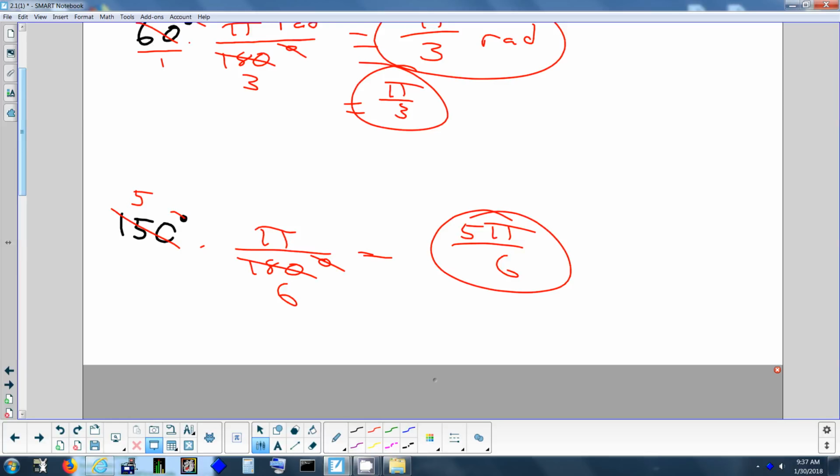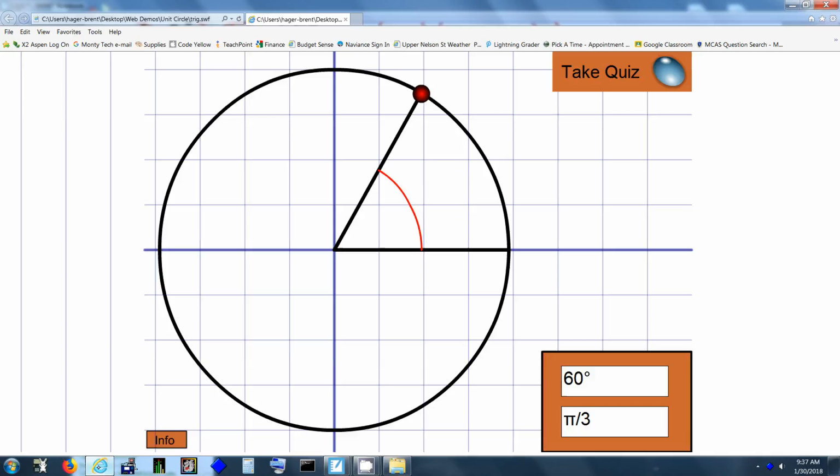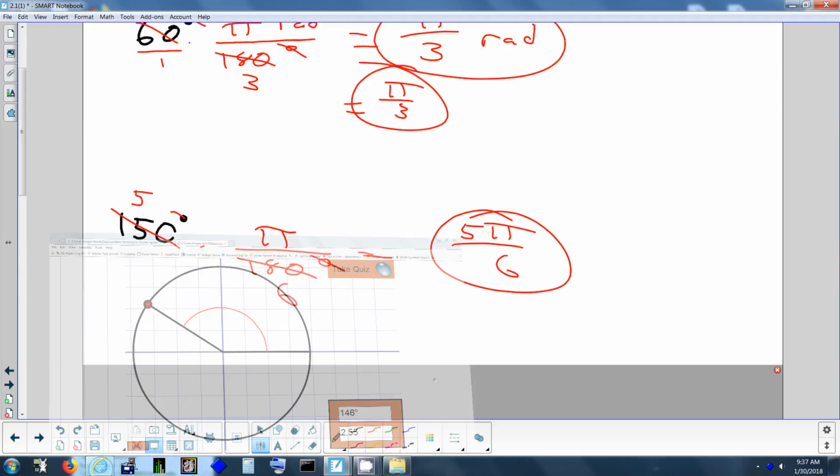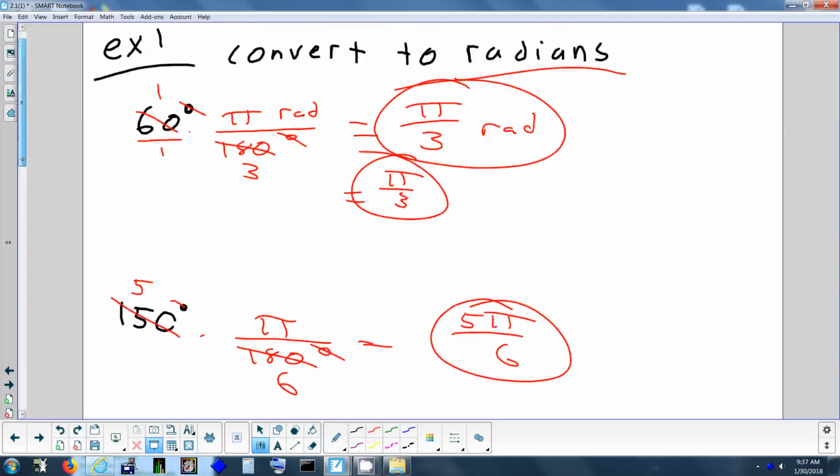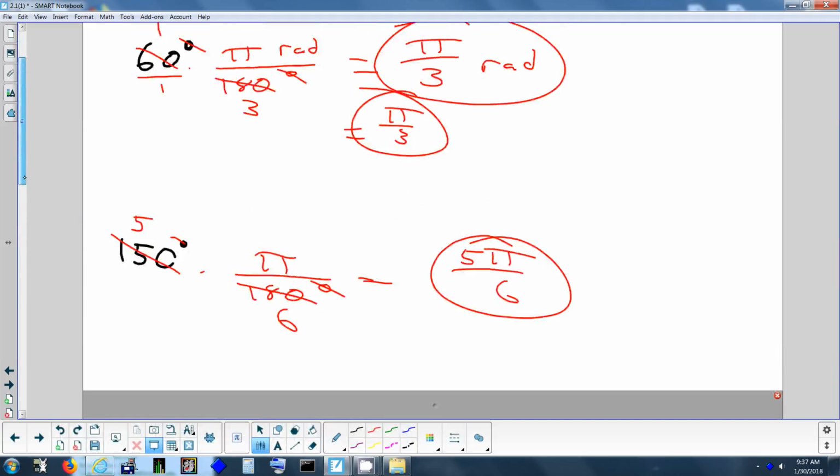Okay, let's use the program and let's go to 150 and see how the calculator displays the answer. Okay, so if I go to 150, it puts it as 5 pi over 6. Does anyone see a pattern with the ones it's writing as fractions with pi versus something it's writing as a decimal? So 150 it wrote as a fraction with pi, and 60 so far.